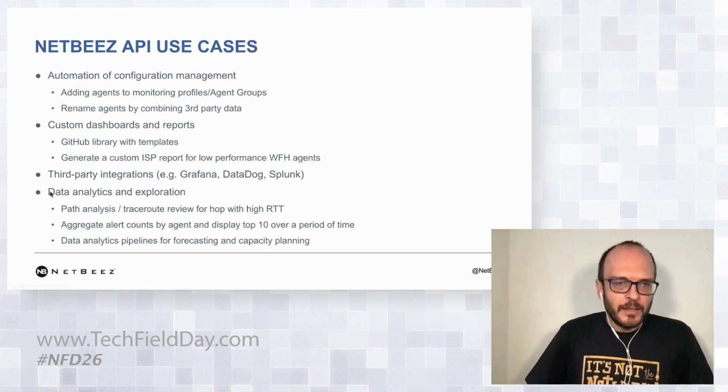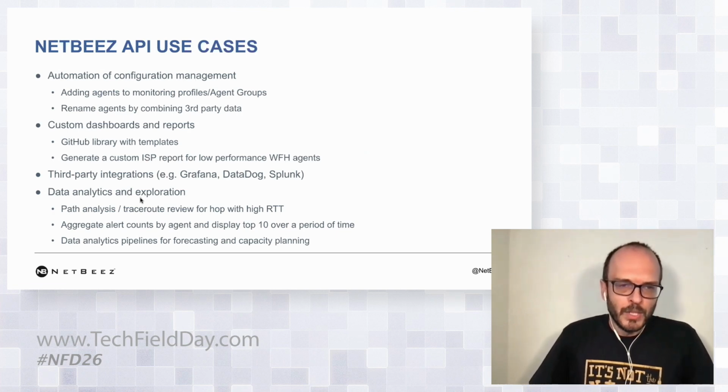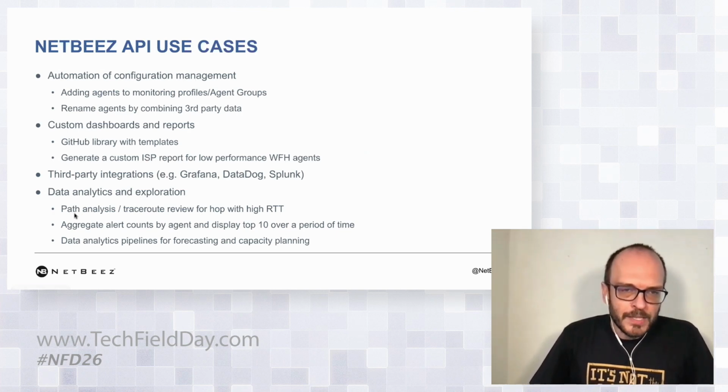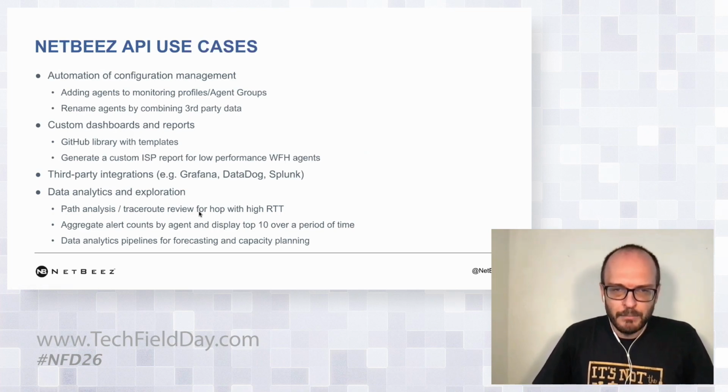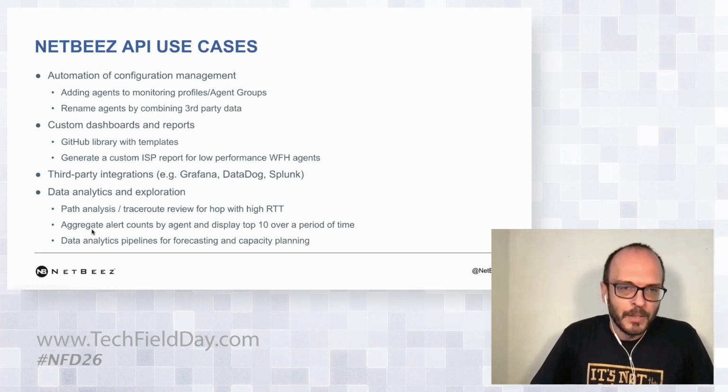And finally, the last category is data analytics and exploration, where we enable you to explore path analysis or traceroute data by searching for hops that were discovered with a high round trip time. This is just an example.